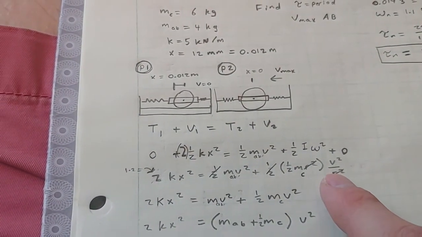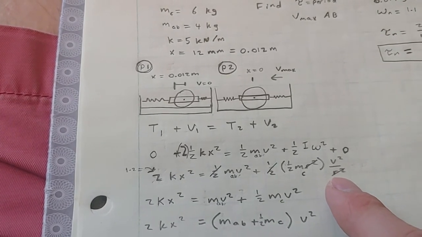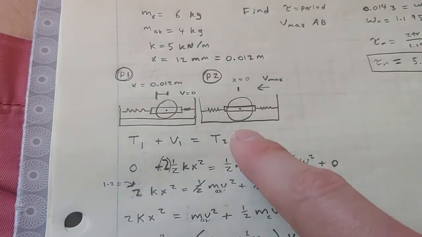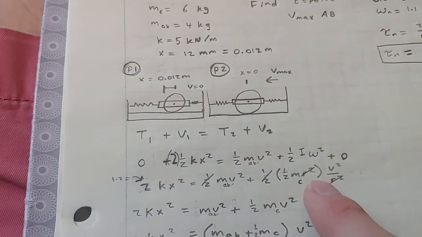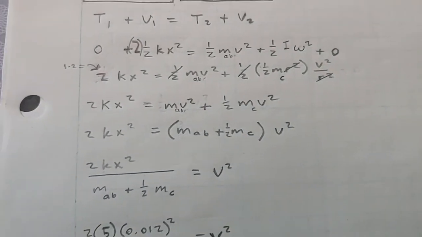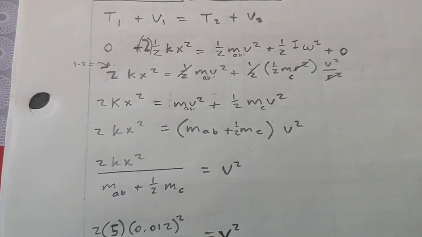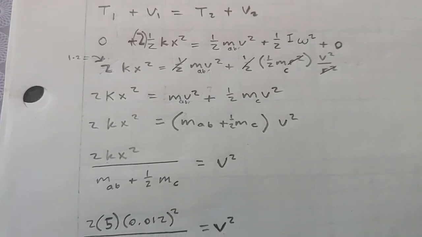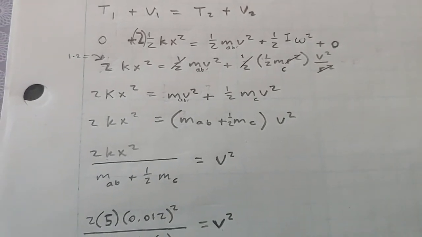Our velocity is our Vmax, and our radius is just the radius of the circle. These two cancel out, which shows us that this equation isn't dependent on the radius. And then we end up with 2kx squared equals mv squared plus 1 over 2 mcv squared.